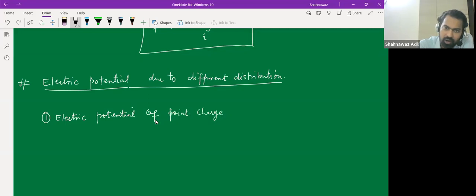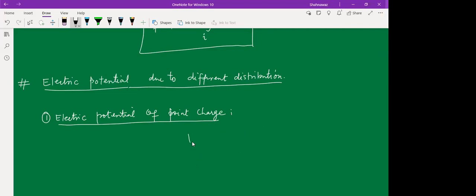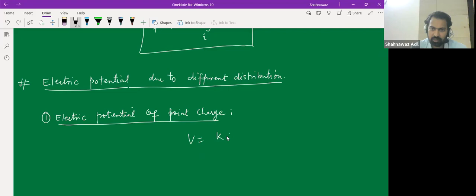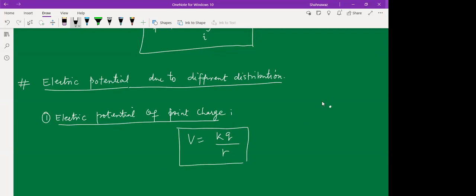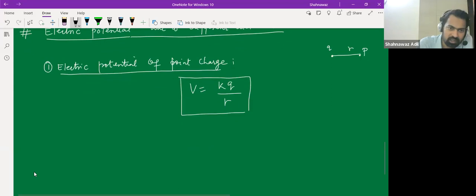So how much is this? Pia, do you remember? No, sir. Okay, so this is simply KQ by r, right? Due to a source charge Q, we calculate the potential at this distance, so this is simply KQ by r, right?